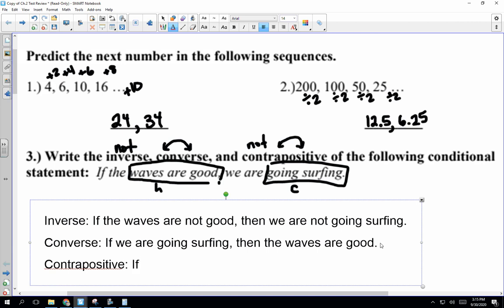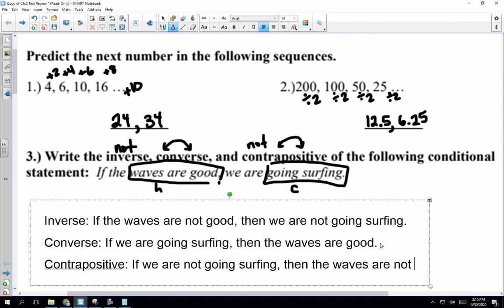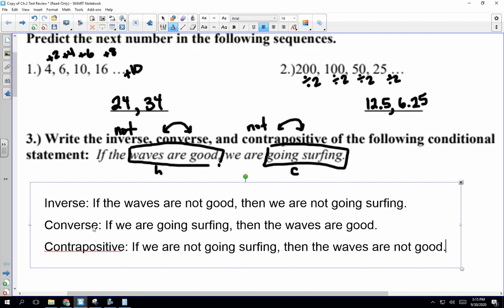So if we are not going surfing, then the waves are not good. Okay, the inverse, converse, and contrapositive.